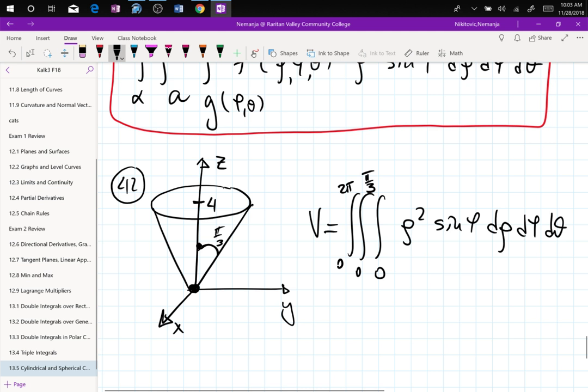What is the top? What does the top look like? Yeah, but what is that on? It's on the flat surface, a horizontal plane, secant phi. So 4 secant phi. There you go. See? Nothing you can't take care of.